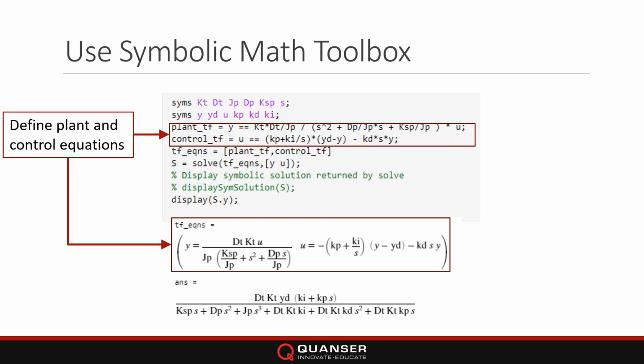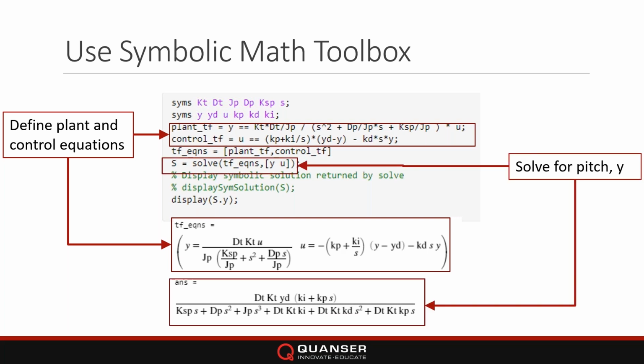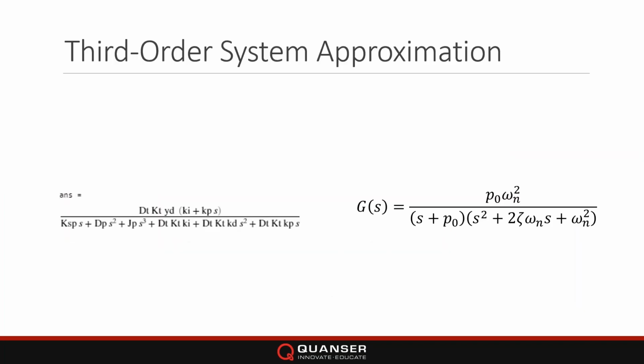Then you can use the solve command. So you solve for the pitch, and it gives you the closed loop transfer function, right? That alleviates the tedious calculations, and doing this by hand is prone to mistakes because it's quite a nasty calculation. So this is, again, a huge time saver.